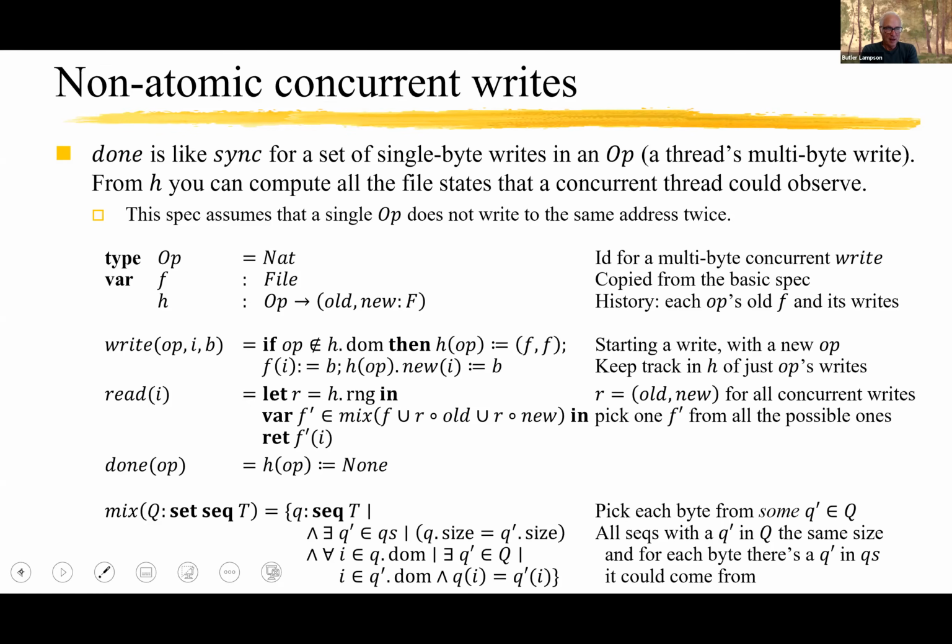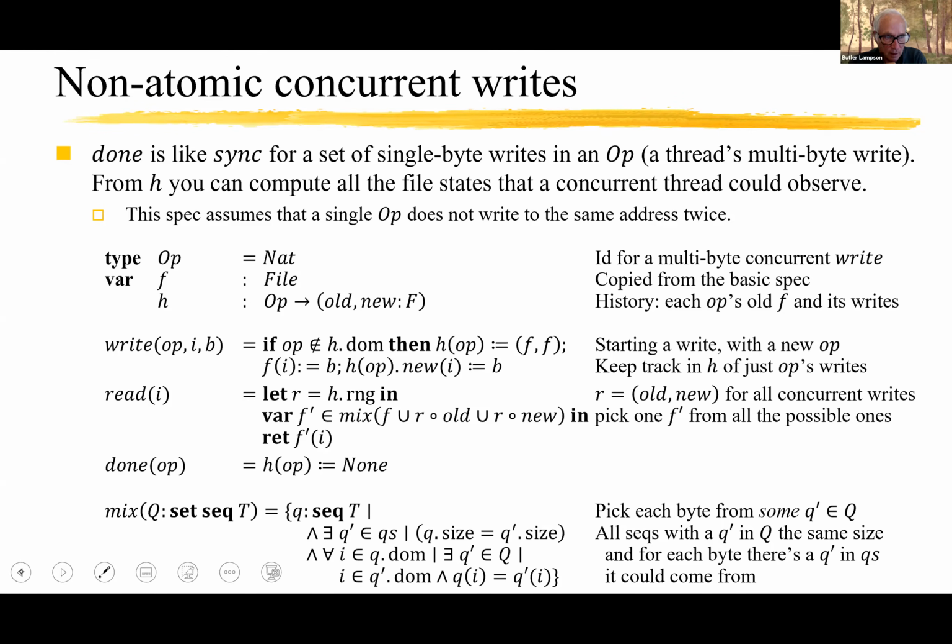And we have the file F and the history. And what the history now is going to be is for each op, it's going to tell you what the old file was before the write and what the new file is. And what a write is going to do is, if the op is a new one, if this thread hasn't been writing this file before, then the old file is F and the new file is F2.